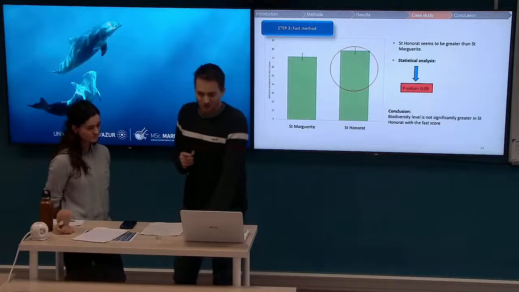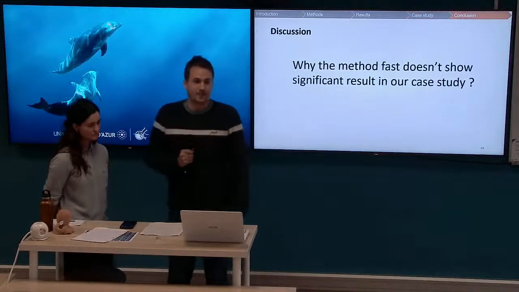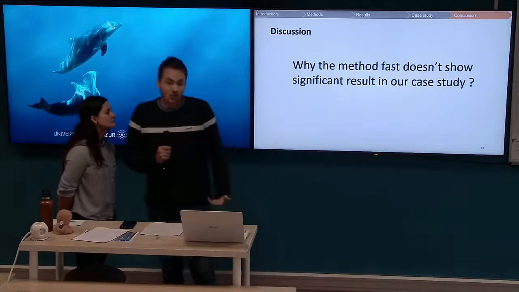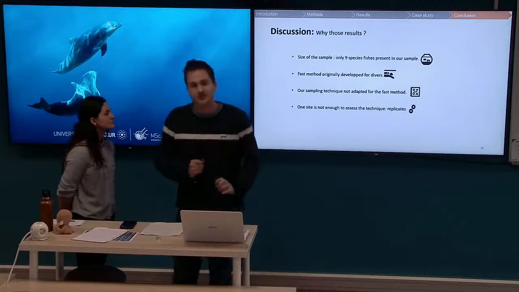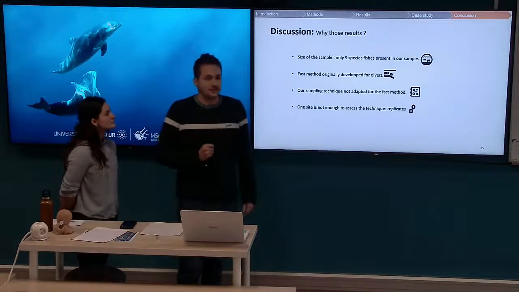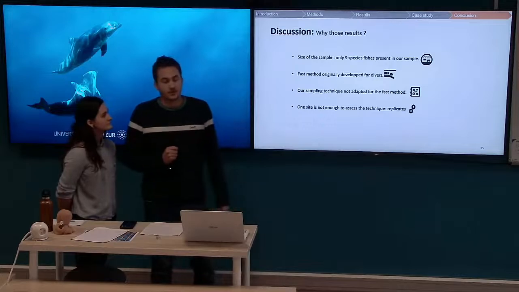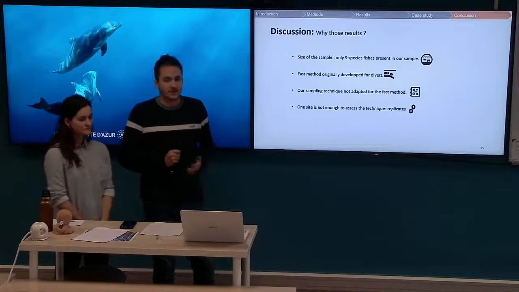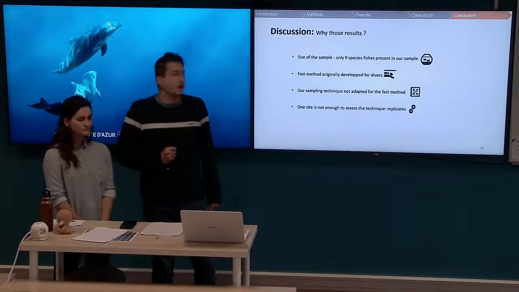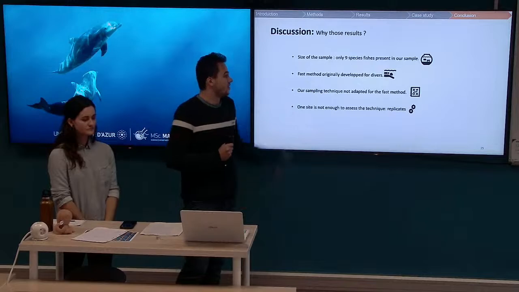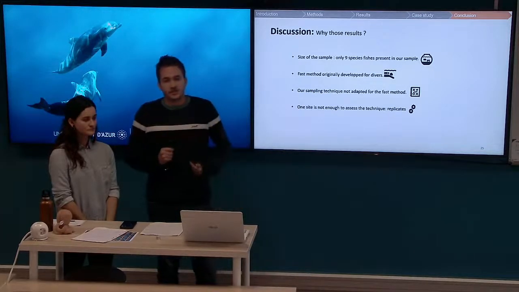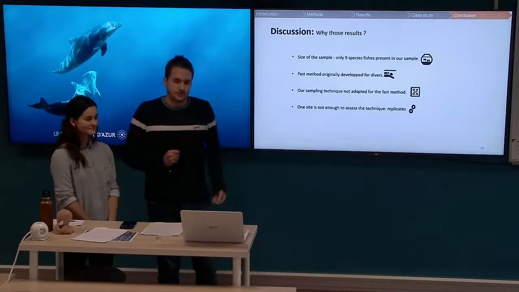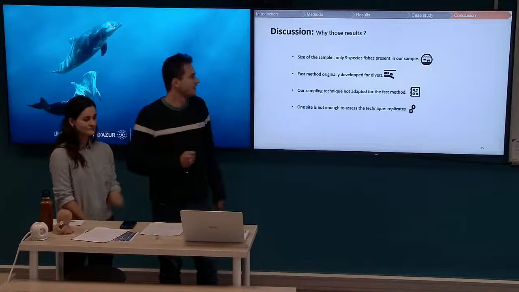So it's quite strange that we obtained this result, so we are going to try to give some ideas for why. The first is the size of the sample. That could be an issue, because we were able to use only 9 different species of fish in our data set. It's maybe too little to have significant results. Also, the FAST method was originally developed for divers, and in our case, we were not diving, but on a kayak. So we were not able to explore the whole water column, but only the surface.